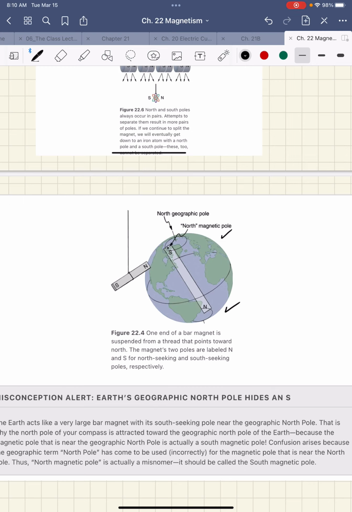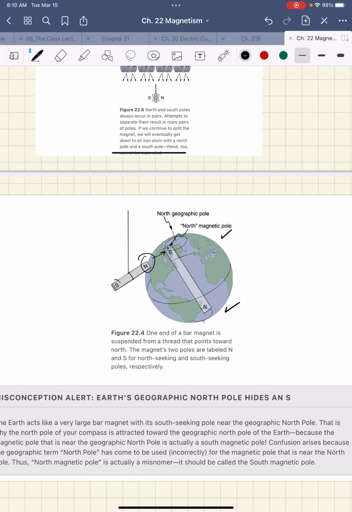Now, when you have your magnet free in the room, suspended with a string, you will find that the north, of course, this is the north, is going to be attracted to the south magnetic pole, which means it's going to show you the north geographic pole. This is the reason why we call it the north seeking pole.